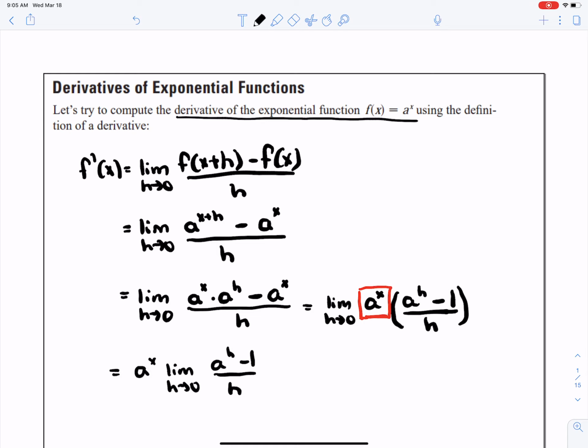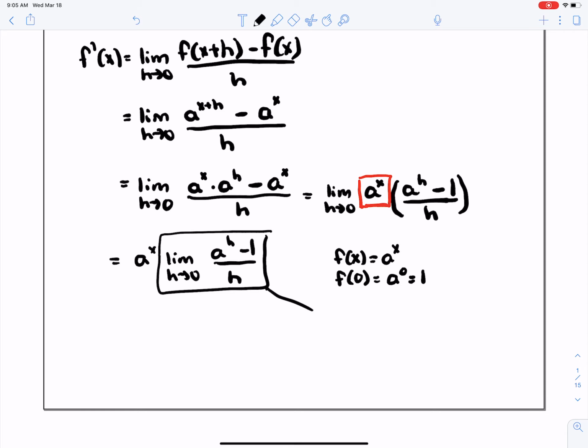So now we want to pay attention to this little expression right here. If I look at f of x, which is a to the x, and I compute f of 0, this gives me a to the 0, which is equal to 1. So this expression right here is literally f prime of 0, as if we were going to put that into our formula.